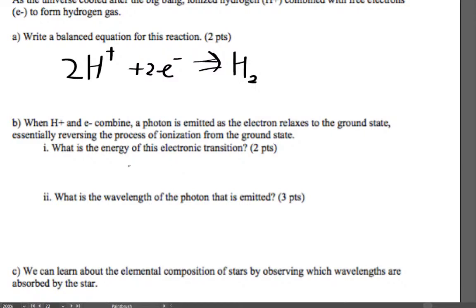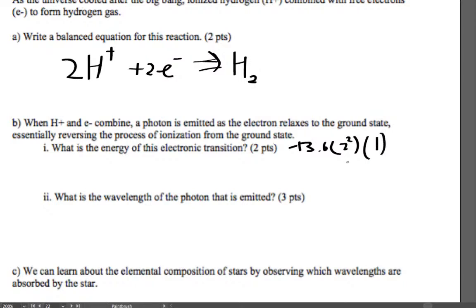This is basically the formula that we started with, which is negative 13.6 times Z squared, and then the final minus the initial, which in this case is actually only the final, the ground state, which is 1.